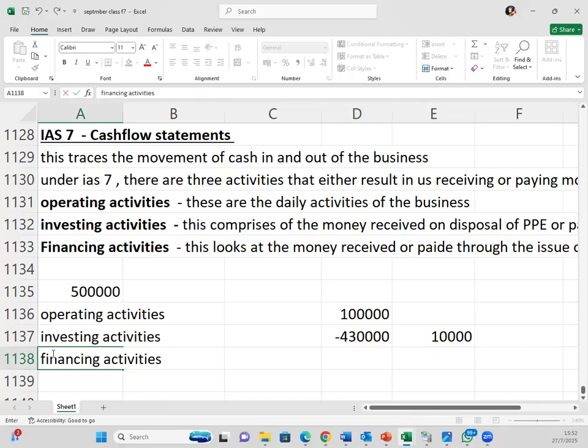For financing activities, we made a repayment of a loan. So how much did we repay? We made a repayment of a loan for 160,000.